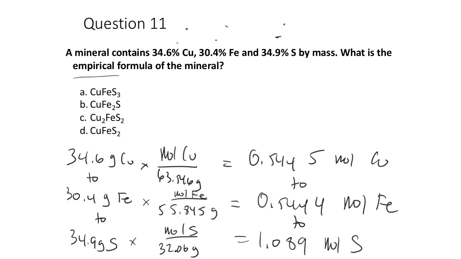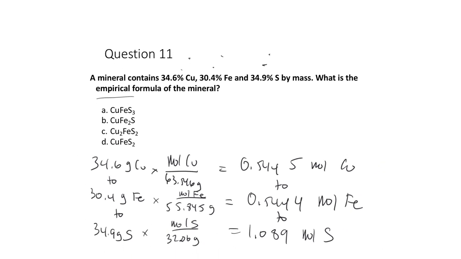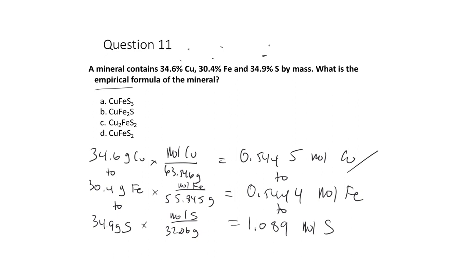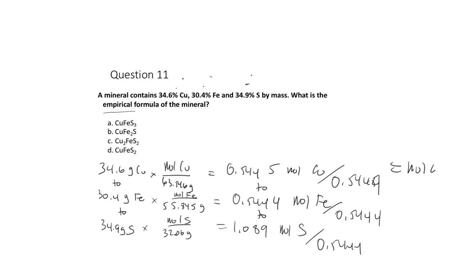And so now if I want to get the whole number ratio, what we want to do is find some way of getting the whole number multiples here. If I'm going to divide one of these by a number to keep the ratios intact, I have to divide them all by the same number. So I'm going to divide all these by the smallest. That's a good way to start to try to find the simplest whole number ratio. Well, I guess technically it's 0.5445, but you can see these are both going to be 1. So that gives me 1 mole of copper in ratio to 1 mole of iron.